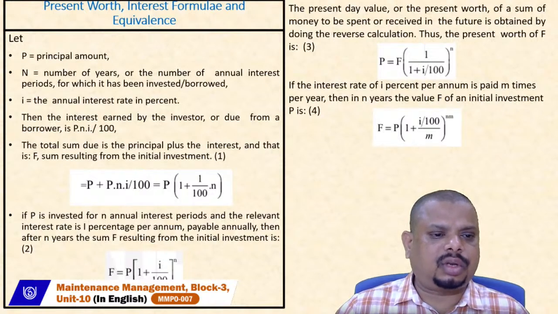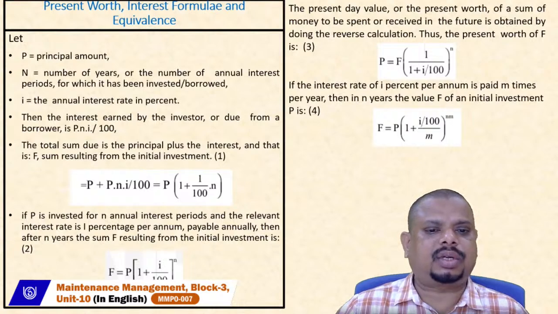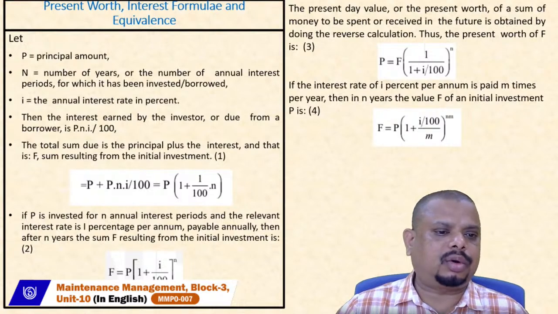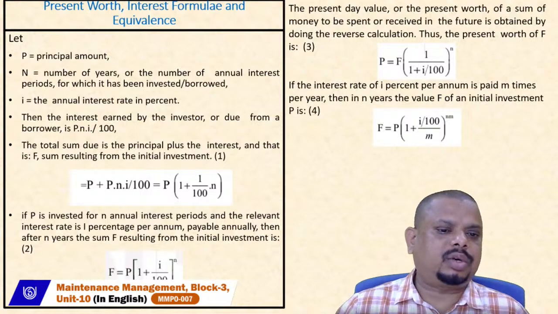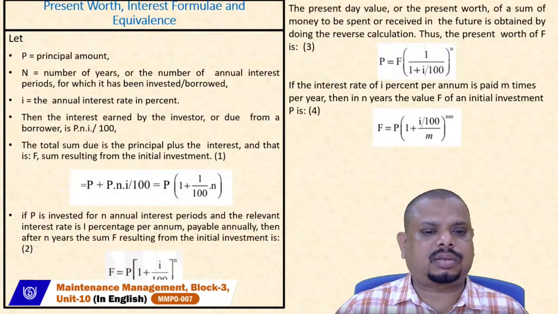The interest earned by the investor or due from the borrower is P times I divided by 100. So P is principal, N is number of years, I is annual interest divided by 100.